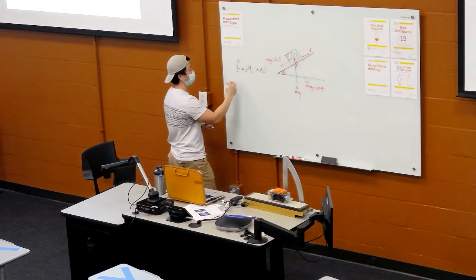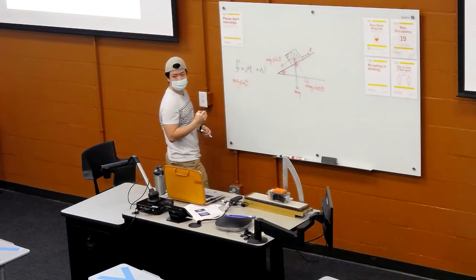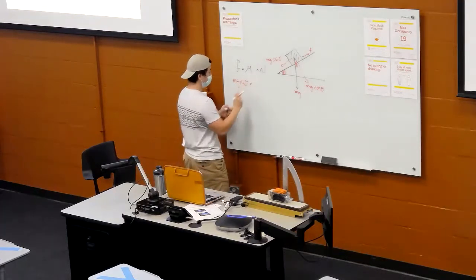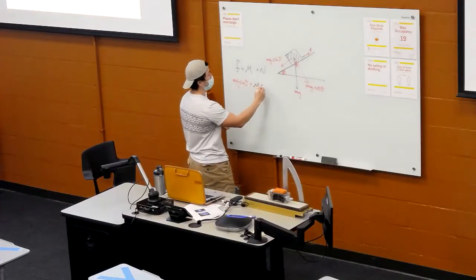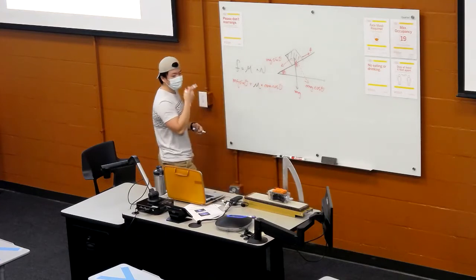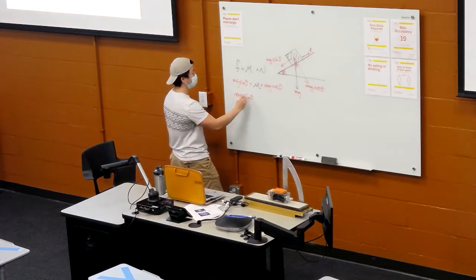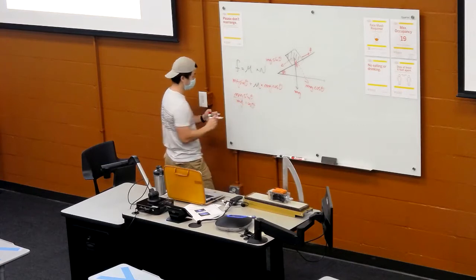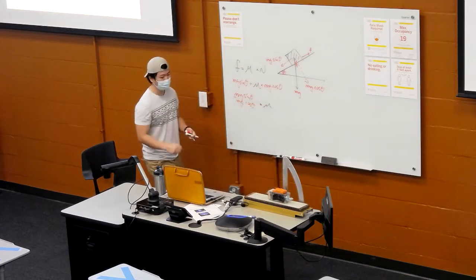And the friction right now would be mg sine theta, which equals mu, the coefficient we're interested in, multiplied by the normal force, mg cosine theta. So do some magic. Mu equals mg sine theta divided by mg cosine theta. Okay, see that?